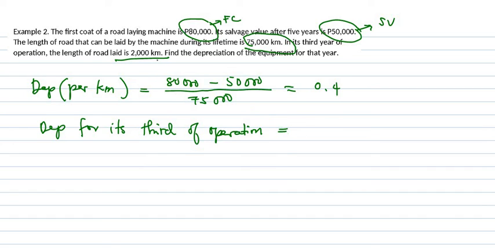So we will multiply that 2,000 with this depreciation per kilometer. So 0.4, that is the depreciation per kilometer, multiplied by 2,000 kilometers, the length of road laid for its third year of operation. If we multiply this, the equivalent is 800 pesos. So that is example number 2.